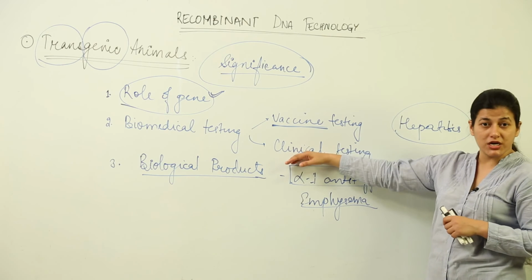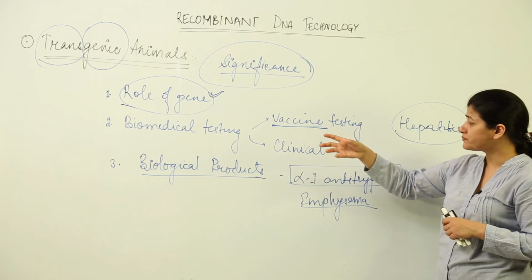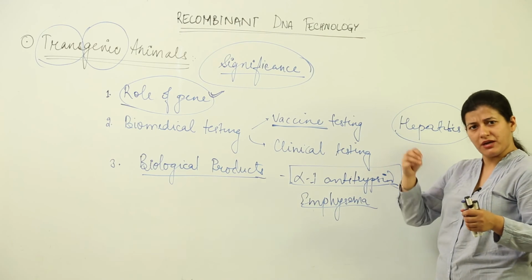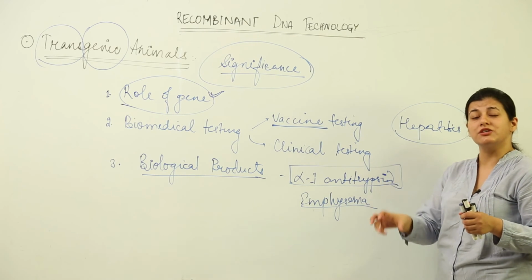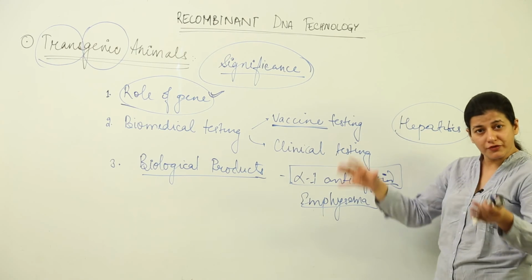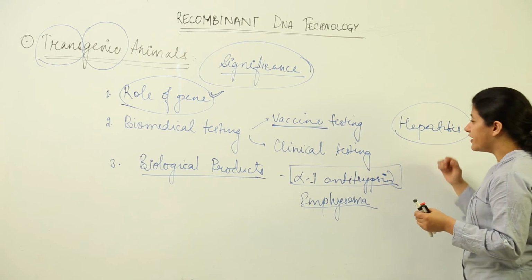Many pharmaceutical products and their clinical testing can be done on transgenic animals instead of testing them on a group of individuals, because they can have adverse effects as well.